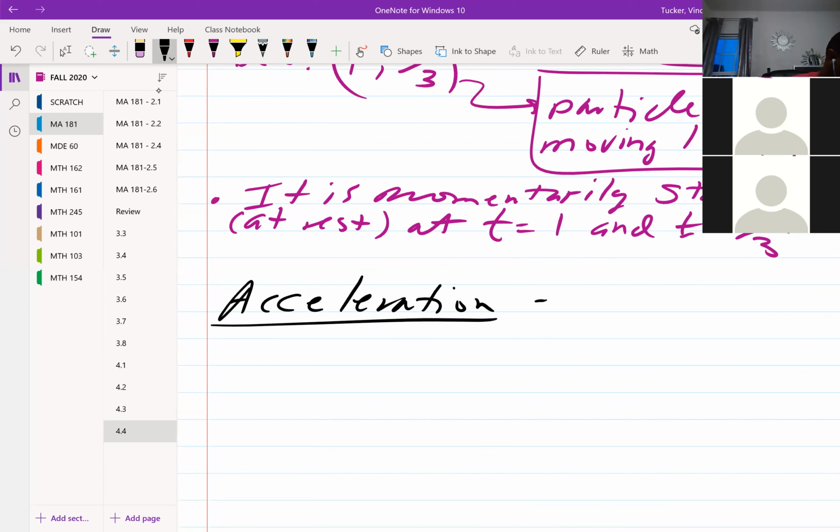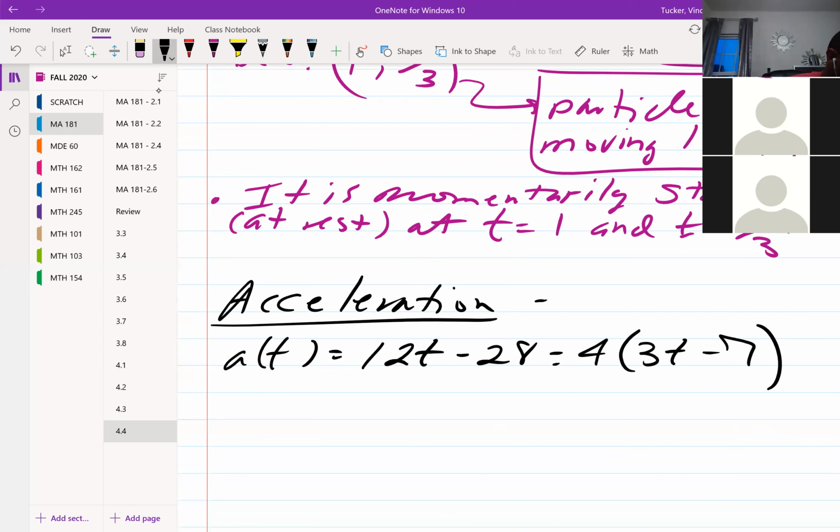All right. That one is 12t minus 28. That's 4 times 3t minus 7. We have to factor it. Set that equal to 0.